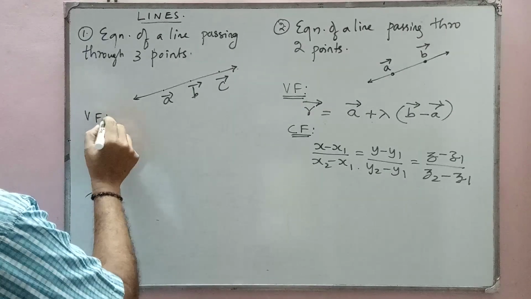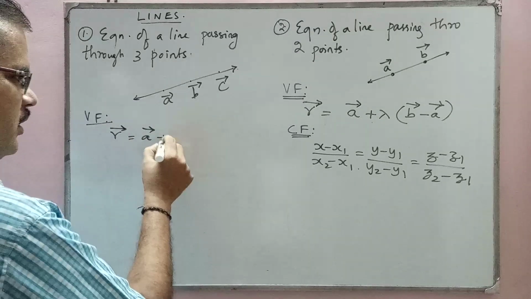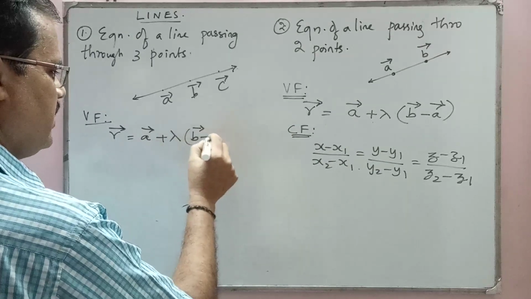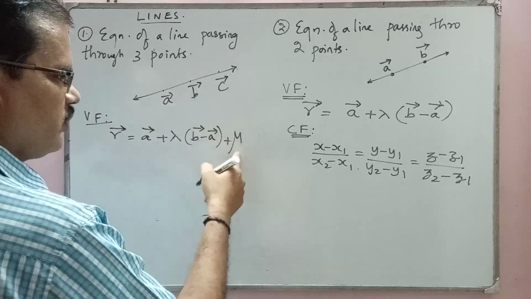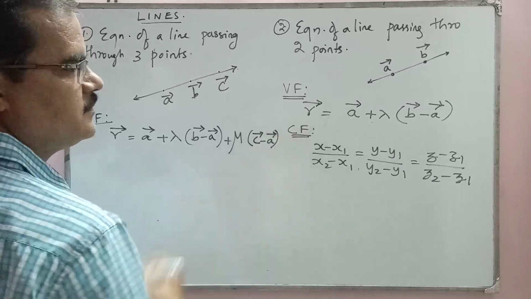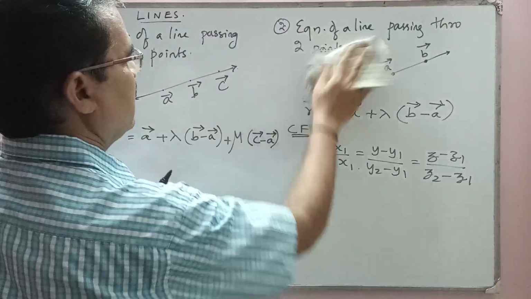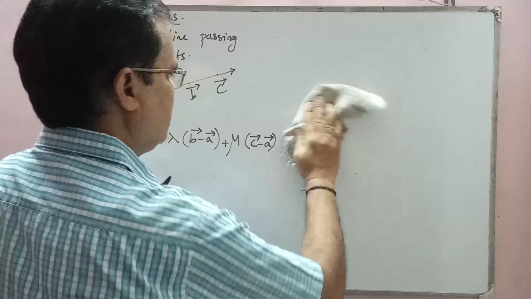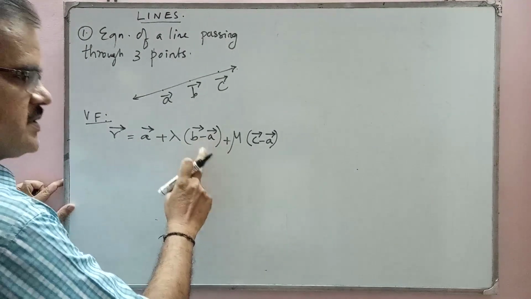There are two forms. Vector form is r vector equals a vector, 1 point, plus lambda into, the same continuation, b vector minus a vector, plus mu into c minus a, because we have used lambda. That's all. I'll erase this, it is going to confuse you. So a vector plus lambda into b minus a is one direction.